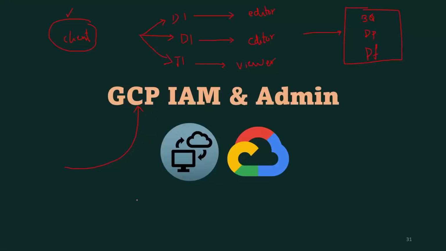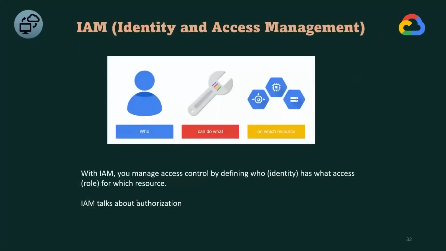IAM and admin is one of the services where we are going to take care of the authorization to each and every service in the GCP. So what it will tell you is who can do what on which resource. In IAM, I is nothing but identity, A is nothing but access, and M is nothing but management. Identity and access management.